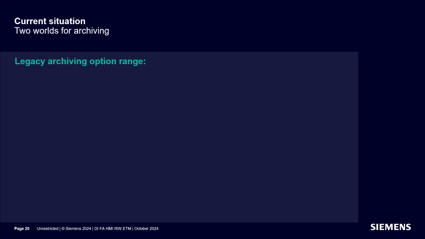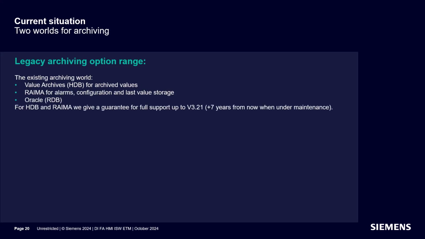The existing archiving world and option range consists of the following technical solutions: Value Archives, History Database HDB for archived values, RIMA for alarms, configuration, and last value storage, and Oracle RDB. For HDB and RIMA, we give a guarantee for full support up to version 3.21, plus 7 years from now when under maintenance. These solutions, while robust and highly developed, face technical limitations that prevent their use beyond 2038.